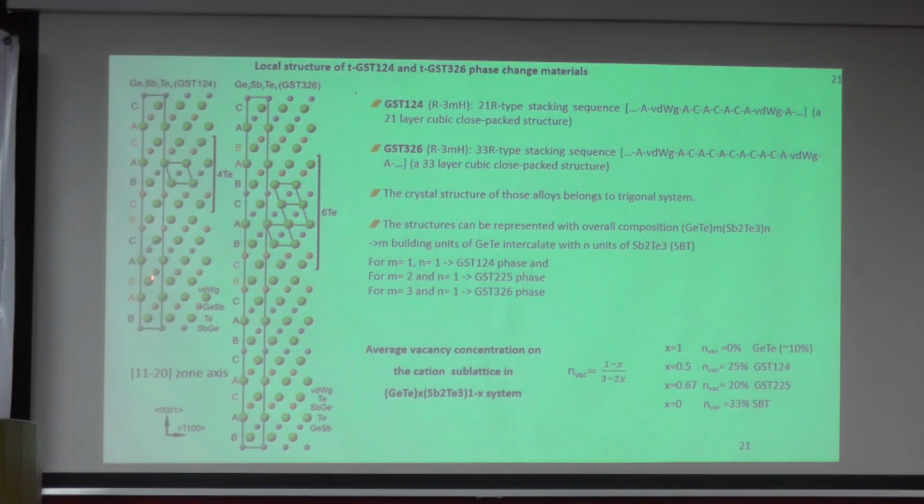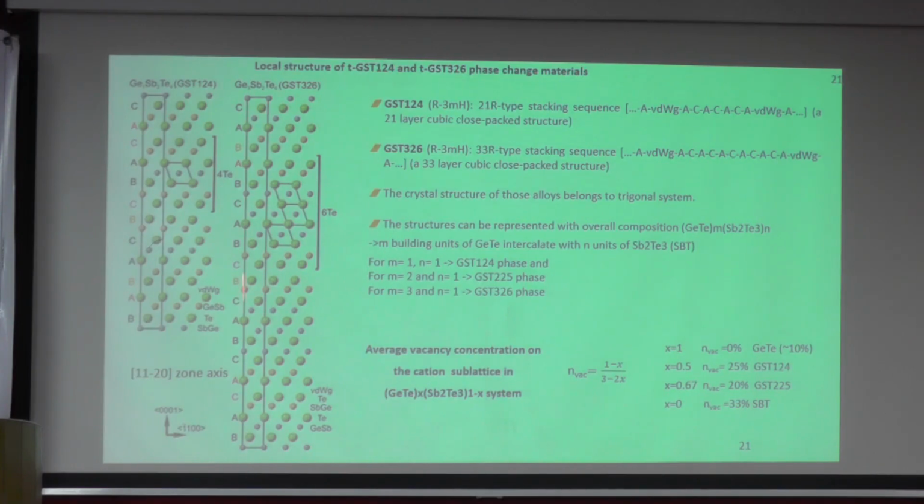For the trigonal phases, they consist of highly disordered cation layers, and they are highly distorted systems consisting of periodic vacancy layers or van der Waals like gaps. The only difference between these phases is the unit cell. So for 3 to 6, it has a huge unit cell.